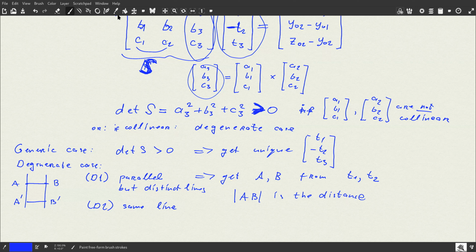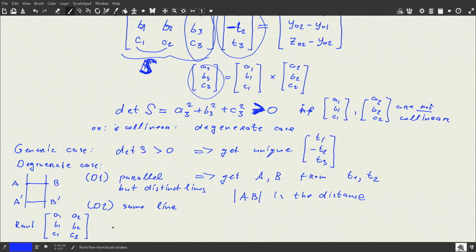In both cases, because the directing vectors of these lines are collinear, if we construct the matrix, for example, A1, B1, C1, A2, B2, C2, the rank of this matrix is equal to what? 1. It is equal to 1. Okay.